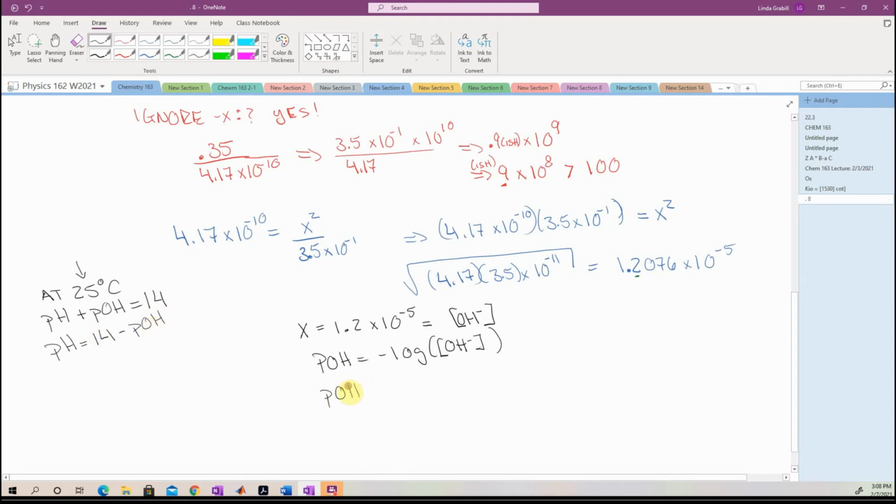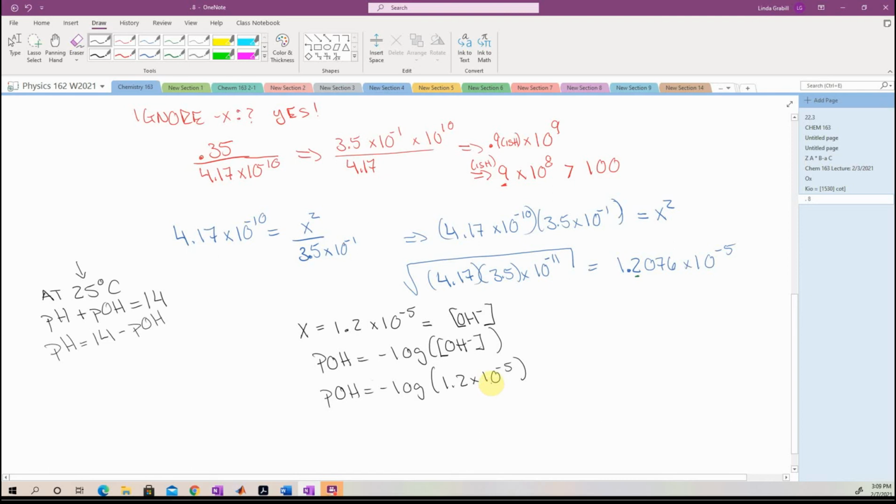I have pOH is negative log of 1.2 times 10 to the negative 5. I'm going to guess this: 10 to the negative 5 would give me a pOH of 5. I have slightly more than 1, so I'm thinking that my pOH is going to be slightly lower than that.